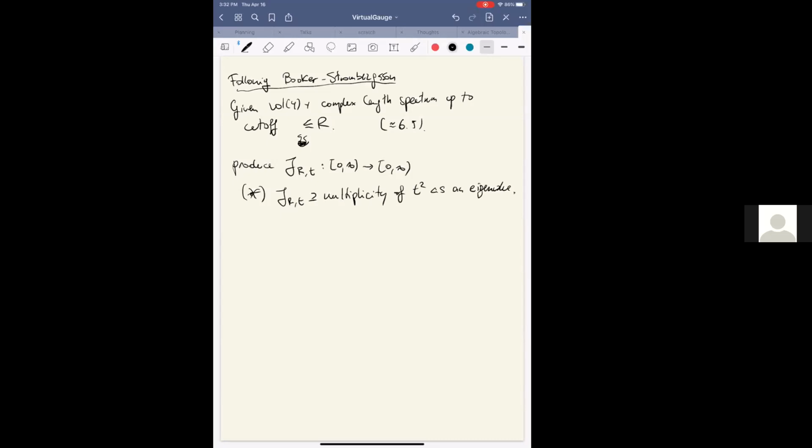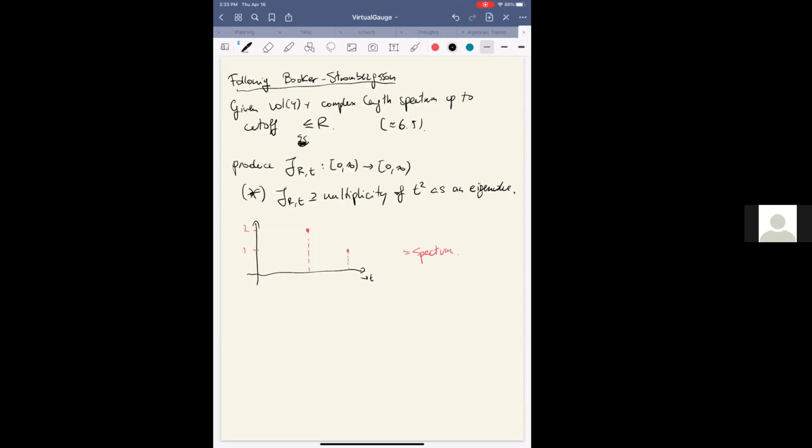So the basic idea is that, let's say this is the T coordinate, and our hope would be to find the spectrum. So maybe you have an eigenvalue here with multiplicity 2, and you have an eigenvalue here with multiplicity 1. This is the spectrum.